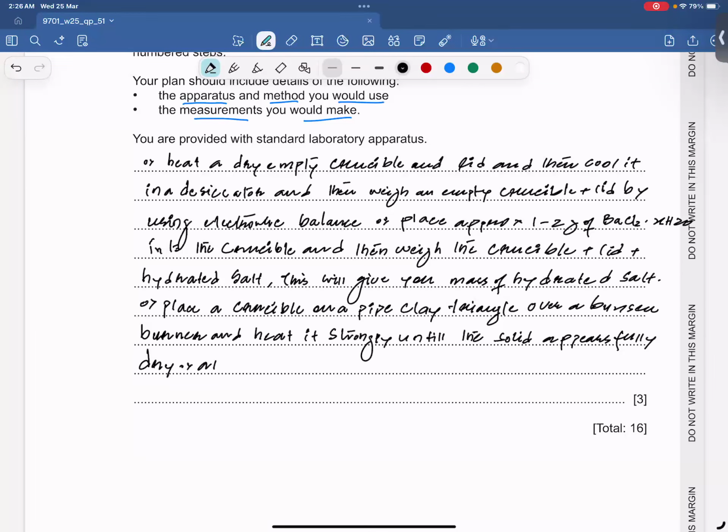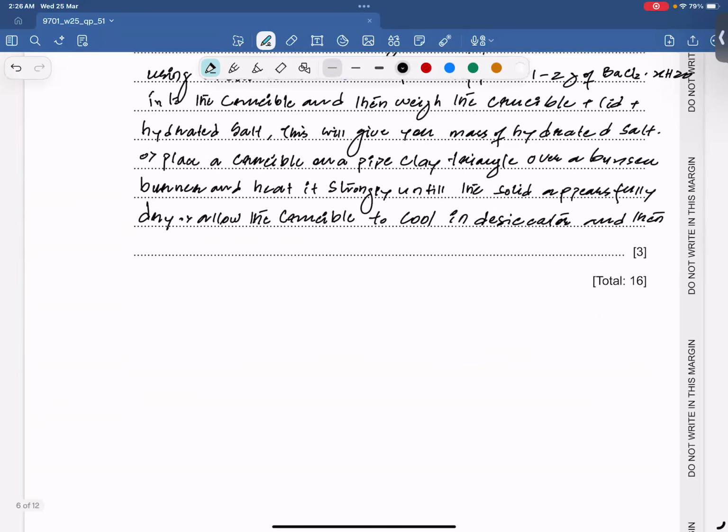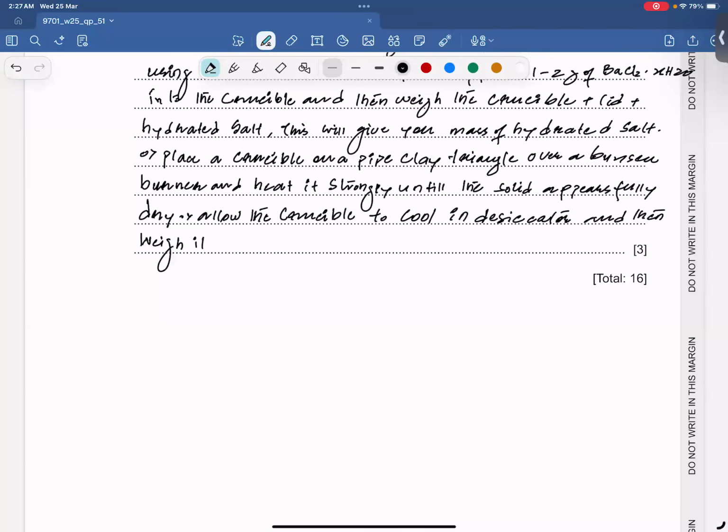Allow the crucible to cool in a desiccator, and then weigh it accurately, the mass of anhydrous barium chloride.